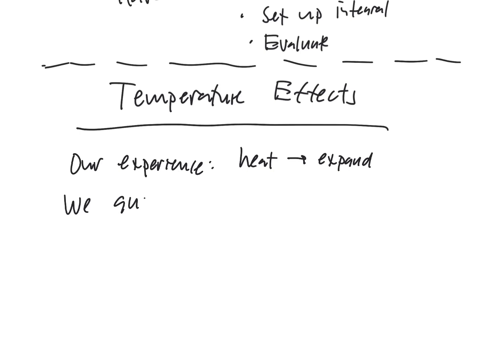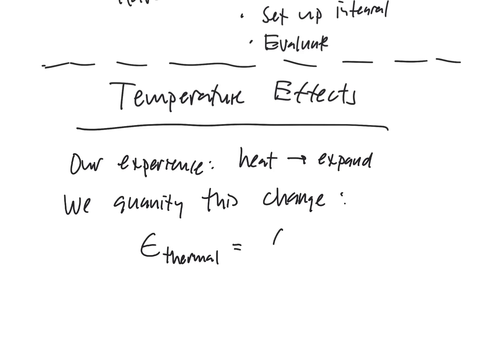So we quantify this change by using strain. And we're going to call it epsilon for right now. I'm going to write the whole thing out: epsilon subthermal. That way, especially when we're first learning this, there won't be any ambiguity. You won't be able to make any sort of mistake. And we call this free thermal strain.